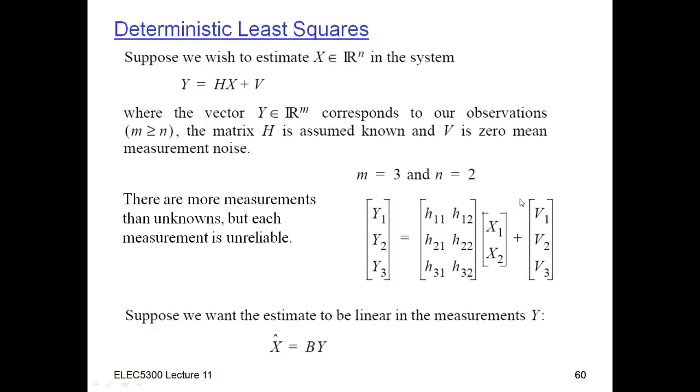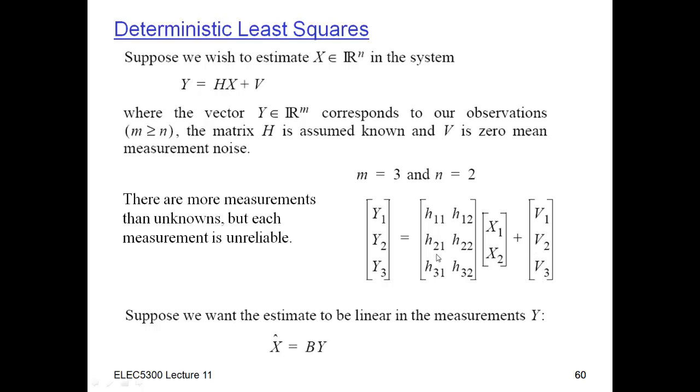If I did not have this noise, then, assuming the matrix here is at least rank 2, I could perhaps estimate x1 and x2 from y1 and y2, or y1 and y2 and y3, or y1 and y3, right? But I cannot do that because these have noise.